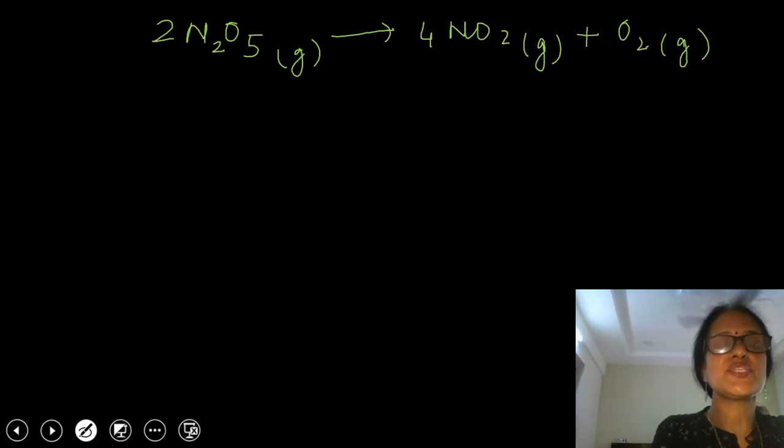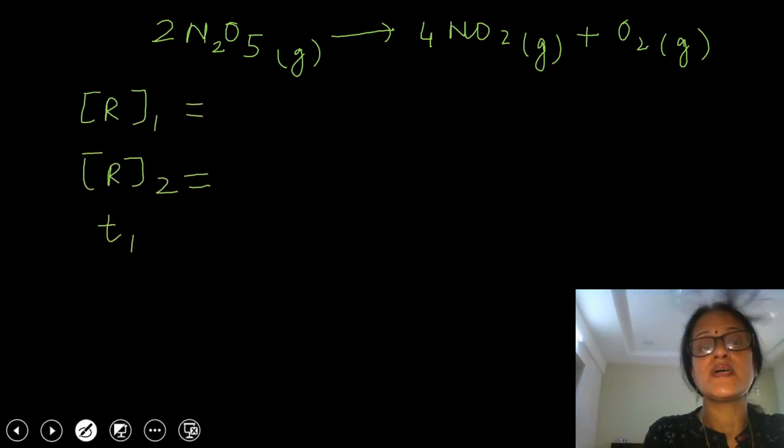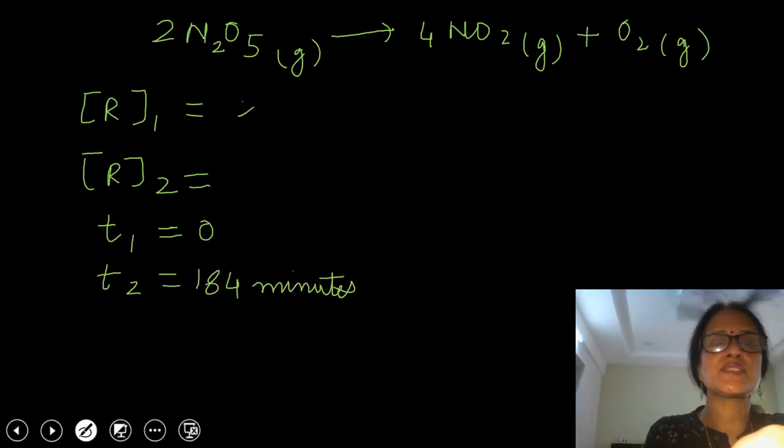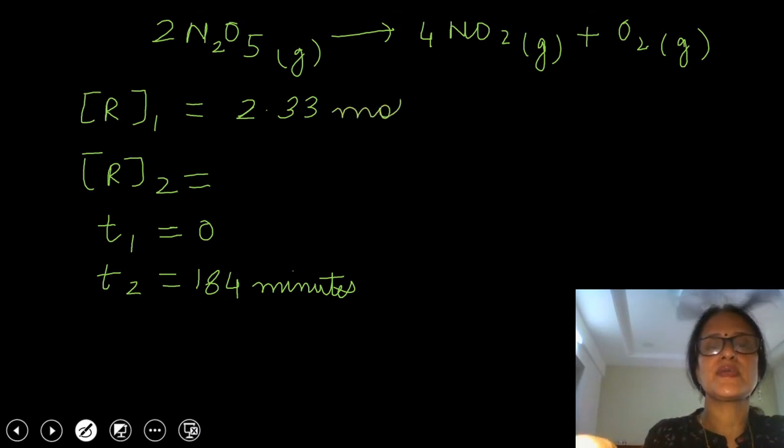Then we will write initial concentration of N2O5 as R1. Final concentration we will write as R2. t1 we will take as 0 when the reaction was started, and t2 was 184 minutes. R1 is 2.33 mole per liter and R2 is 2.08 mole per liter.